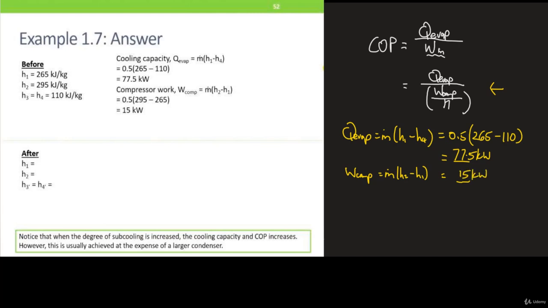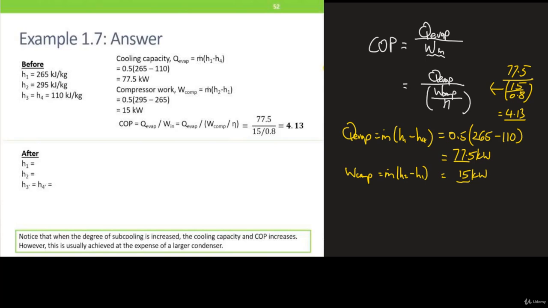Then you will need to find the COP, which is 77.5 divided by 15, but you have to divide by the compressor efficiency, which is 80%, that is given in the question as well. So that's how I get a 0.8. If you calculate this out, you will get a COP of 4.13. So that's the calculation.